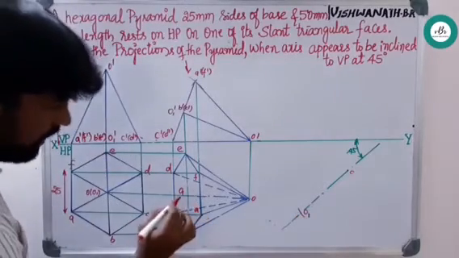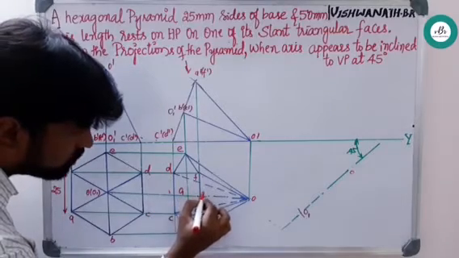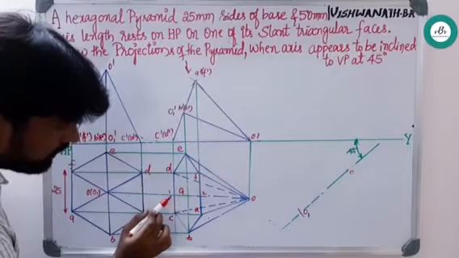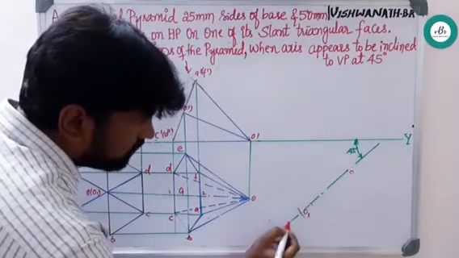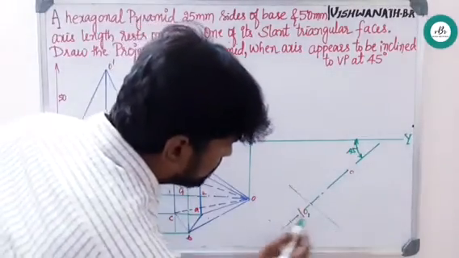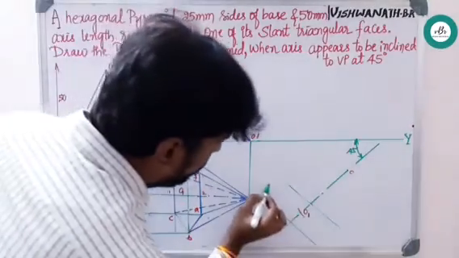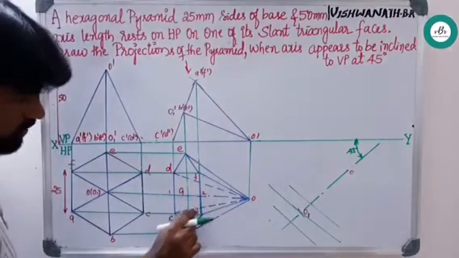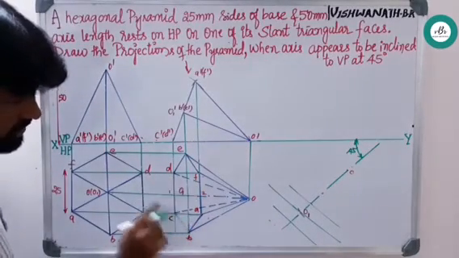Next, I will call this point 1, o1, and this is 2. Distance from o1 to 1 is the same as o1 to 2. Mark this dimension and draw these 90-degree lines with respect to 45, and again one more 90-degree line passing through o1 just to meet the points A, F, D and C.